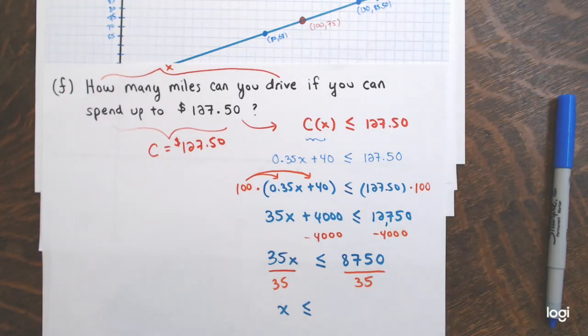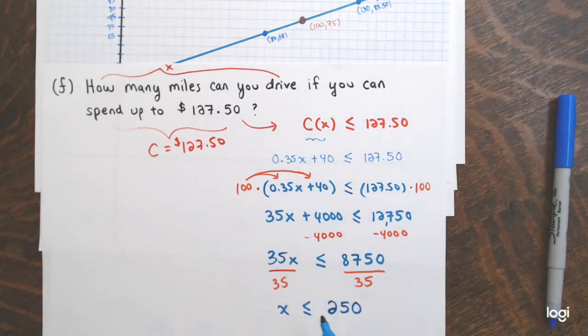Then 35 goes into 175 5 times, so it looks like 250 would be the answer here. I'm going to punch it in as well just to double check that it actually is 250. I did say it goes into 87 twice, didn't I? So problem with doing things in your head. So yeah, set up a long division thing, use a calculator, but this 8,750 divided by 35 is 250.